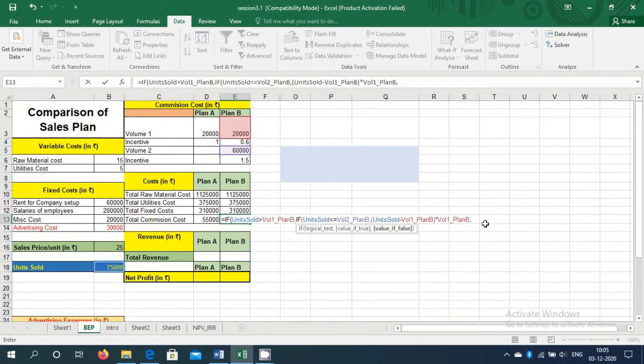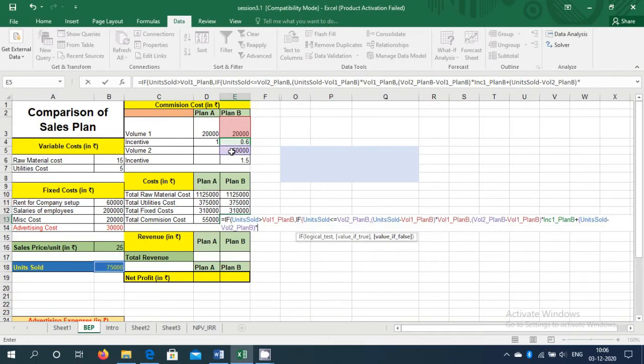So in this case, equals, comma, bracket start, then volume 2 plan B minus volume 1 plan B, multiply with the star symbol incentive 1 plan B, plus units sold minus volume 2 plan B, multiply incentive 2, that is 1.5, 1 rupee 50 paisa.